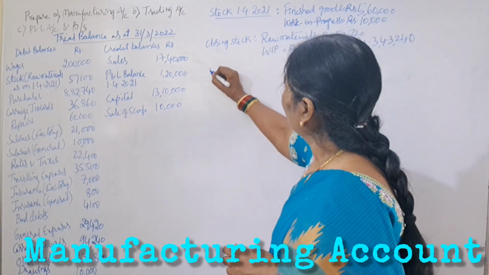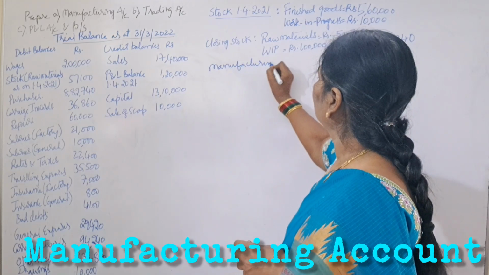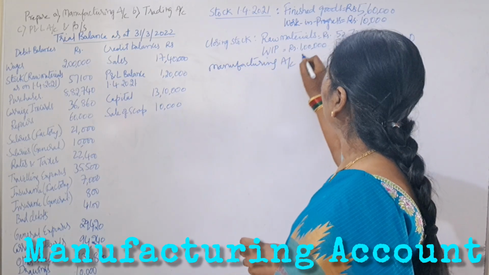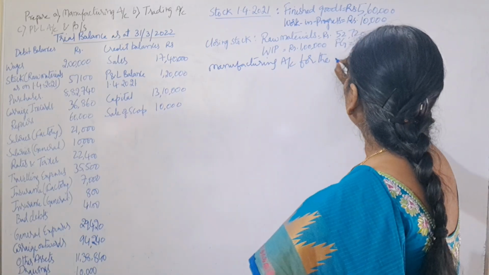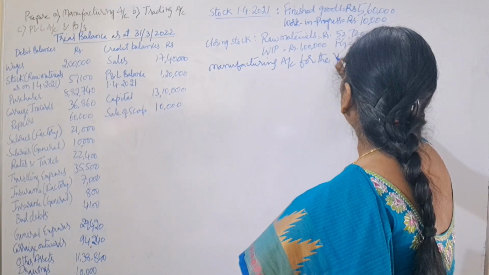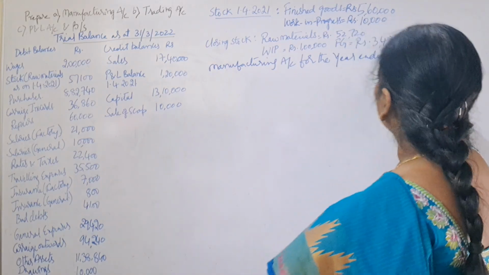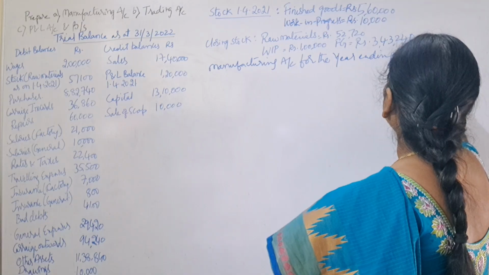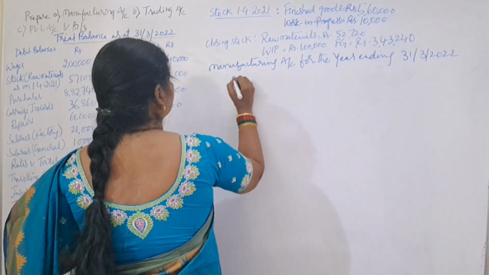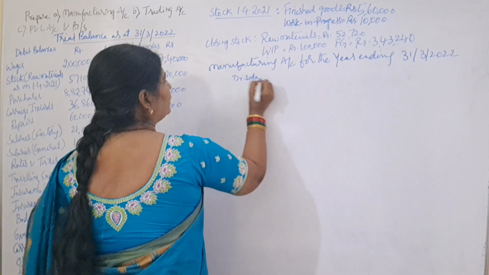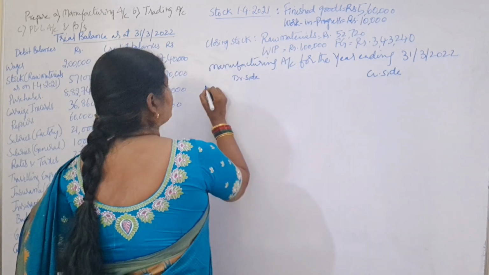So how we'll start? Manufacturing account for the year ending 31/3/2022. Here debit side, credit side. It is also the same as trading account. So how will you draw?